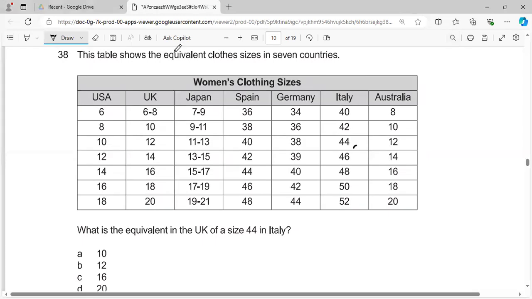So the first thing you have to do, go to Italy, find 44, and then you find UK. Intersection, where the two lines meet, that is it. So it's 12.